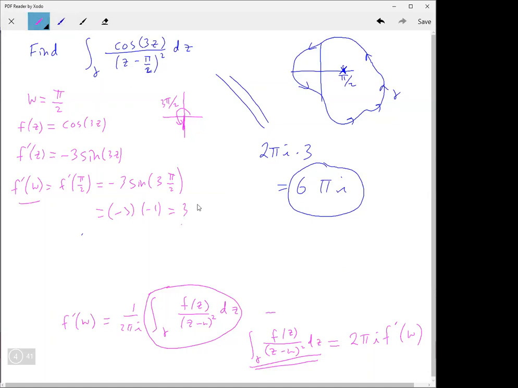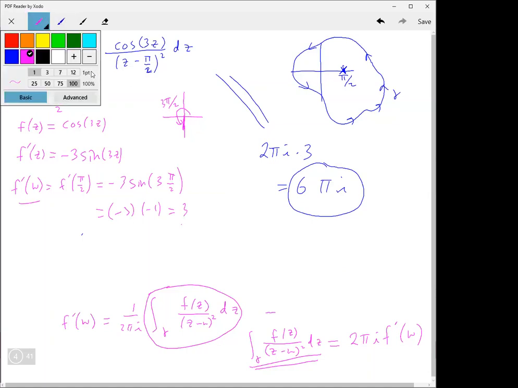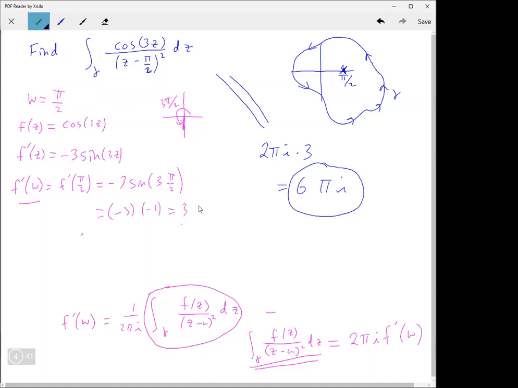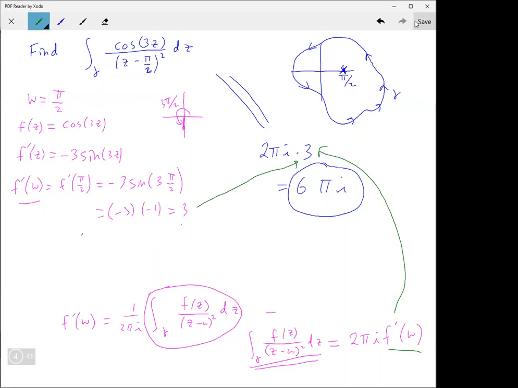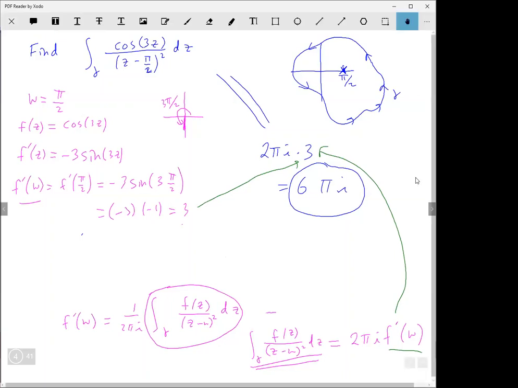Okay, because this 3 right here goes in there for the f prime of w. Okay, so that's one way that you can exploit it. Let me give you some other examples.